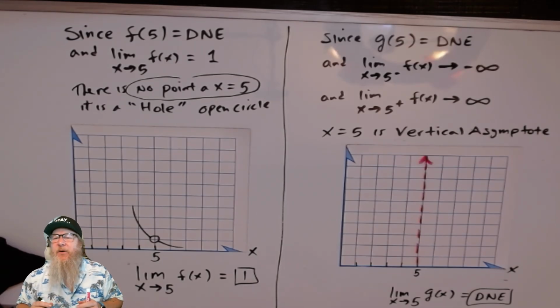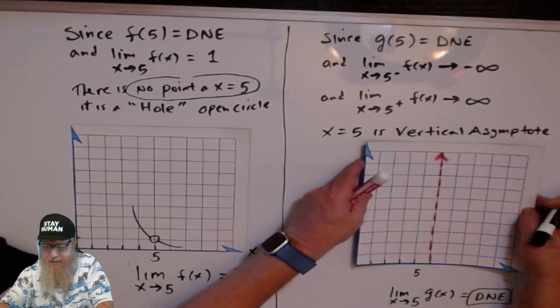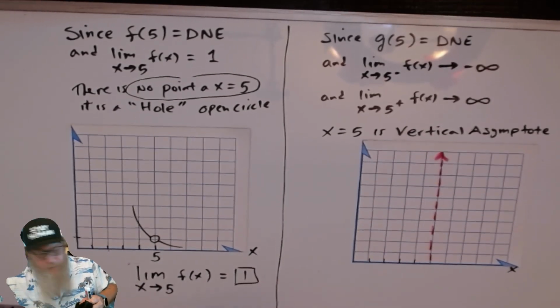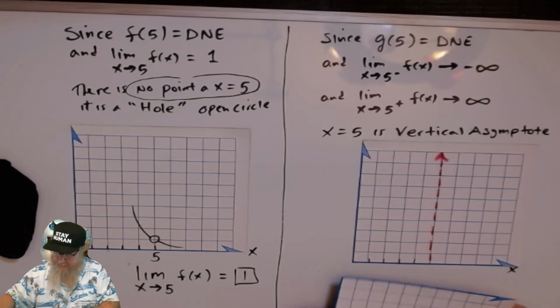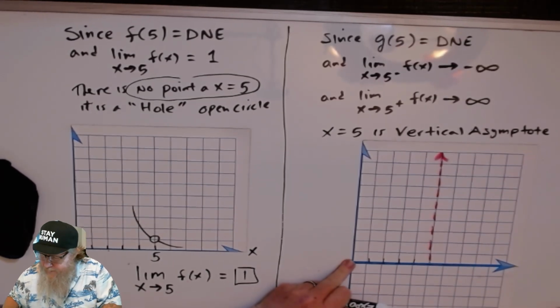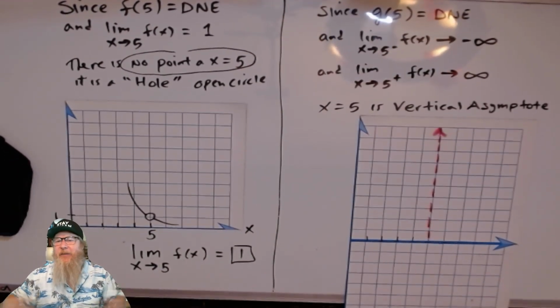All right. And then as you approach 5 from the right, oh, shoot. I actually need the other quadrant for this one. I need the other quadrant because it's going to negative infinity.